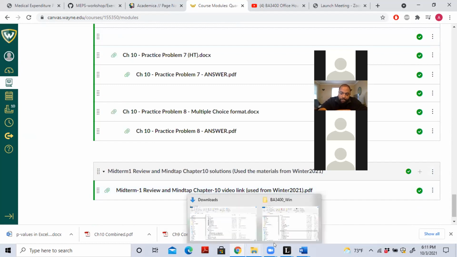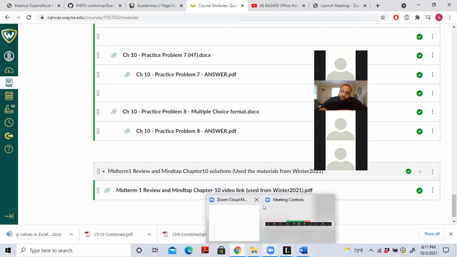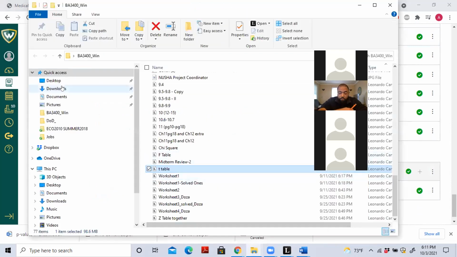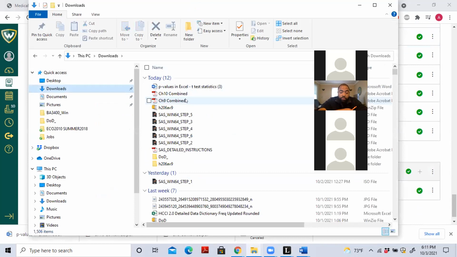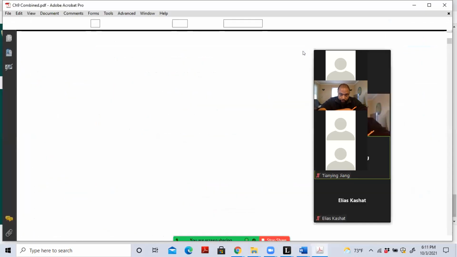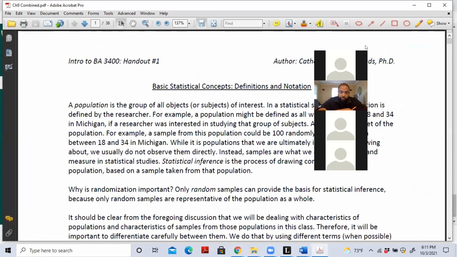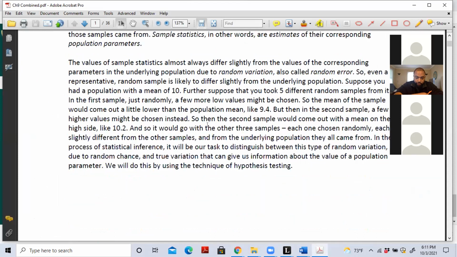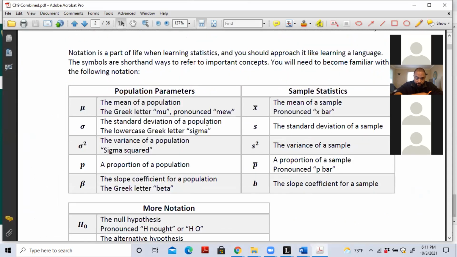So, a brief overview. I want to give you some hints on what you should expect. I want to highlight what is very important for the exam. Basic notation: you need to know what each symbol represents. Mu is the population mean, X bar is the sample mean.